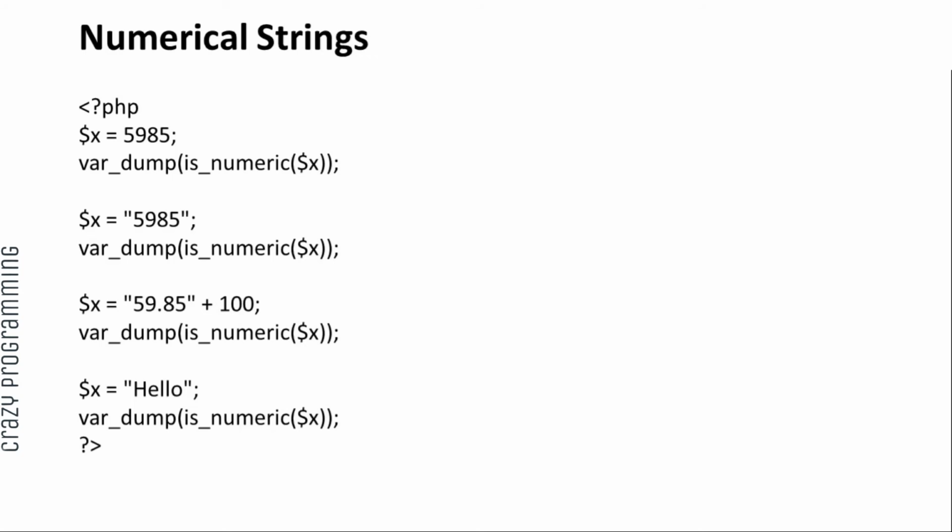And at last we defined a string, that is variable x equals to hello, and var_dump is_numeric x. So like that we have four examples. We are going to practice every single example in the practical. We will write the input in Sublime and check the output using XAMPP localhost.